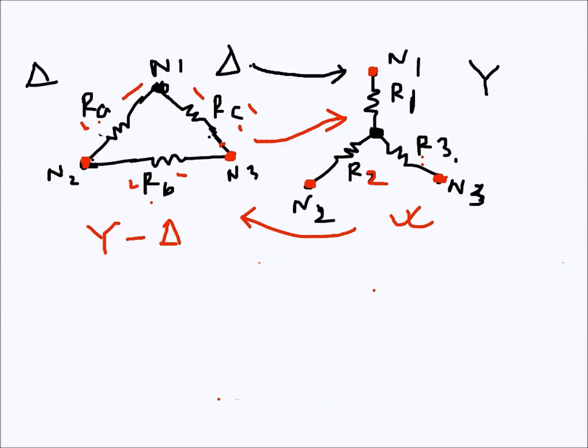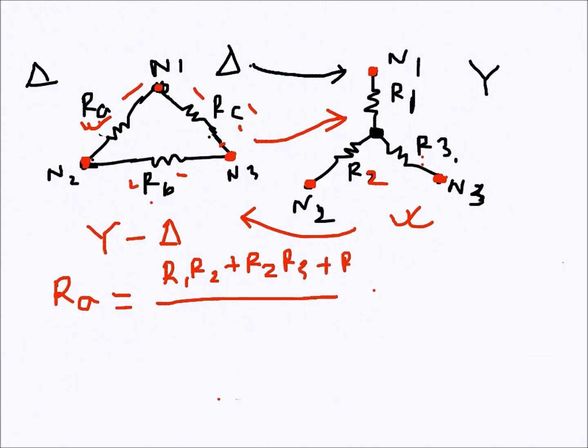So if I want to know what is the value of RA, which is between node N1 and N2, the top one will always be like this: R1 R2 plus R2 R3 plus R3 R1. This is the common numerator in all three of them. The denominator, since RA is connected between node N1 and N2, will be just the opposite one, which is R3.